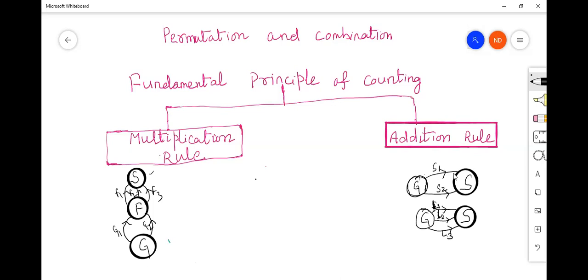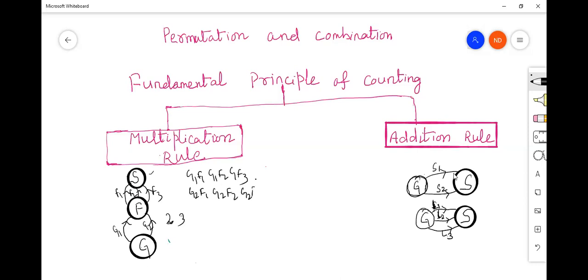That means from the ground floor to the first floor, you can use any one of the 2 staircases, and from there, any one of the 3 staircases. So you may have these combinations: G1 F1, G1 F2, G1 F3. Similarly, G2 F1, G2 F2, G2 F3.